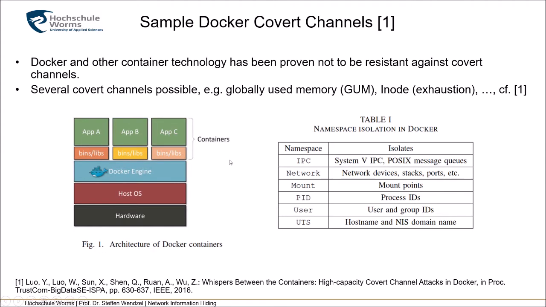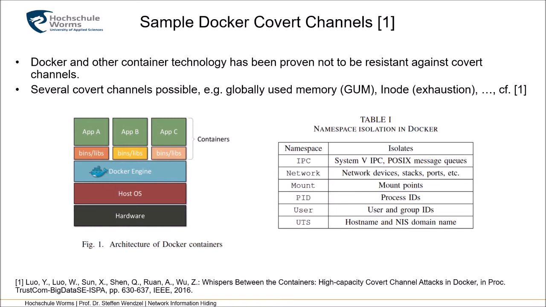I have found some pretty interesting covert channels for Docker containers. Docker containers are essentially lightweight virtualization environments, and using Docker you can realize isolated processes in the sense that they do not see other processes.